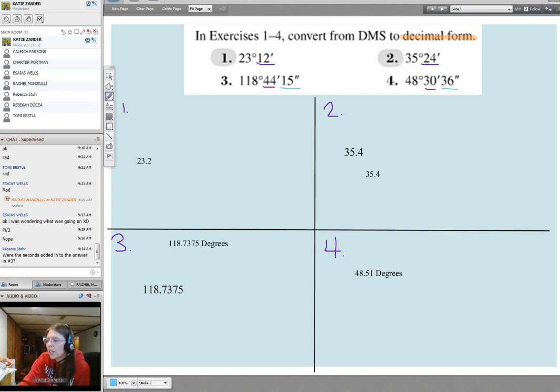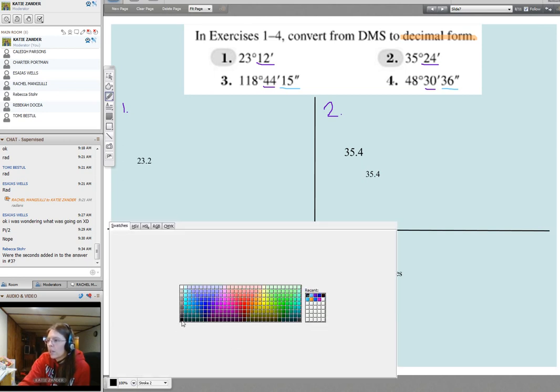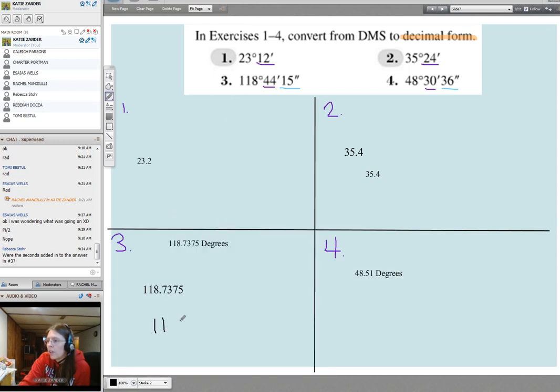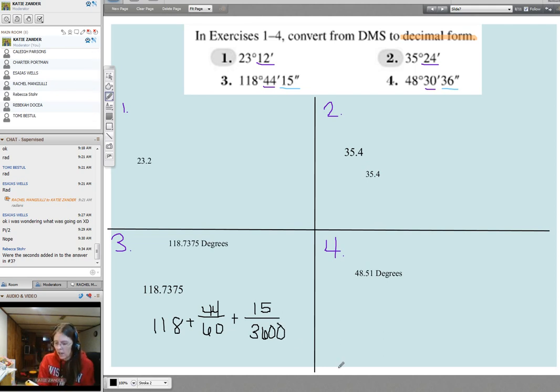In question 3 here, yeah, so if I take a look at question 3, we should have 118 plus 44 over 60 plus 15 over 3,600. So I'm just going to bring my calculator up real fast. As you're typing these into your calculator, don't forget to put parentheses around your fractions.